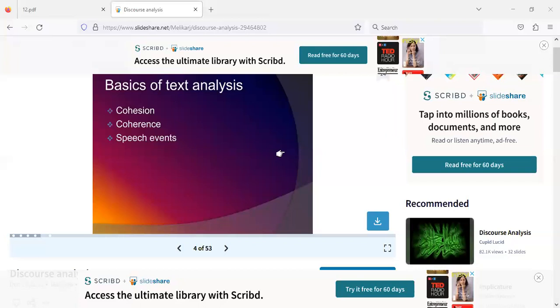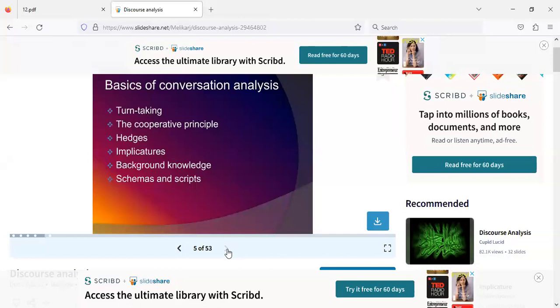Okay. If you talk about the basics of text analysis, we have to think of cohesion, coherence, and speech events. We'll see what they are. If it is a conversation, then we need to think of turn taking, cooperative principles, hedges, implicatures, background knowledge, schemas, and scripts.